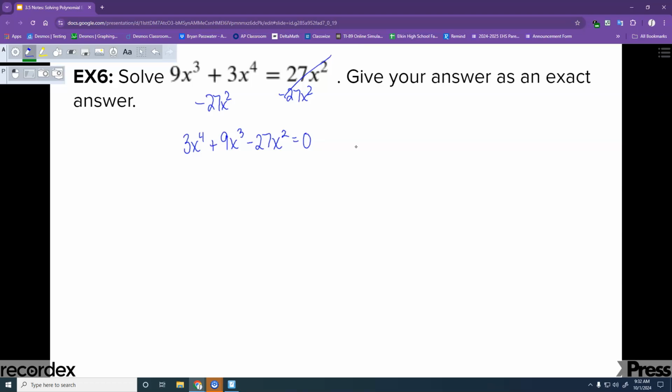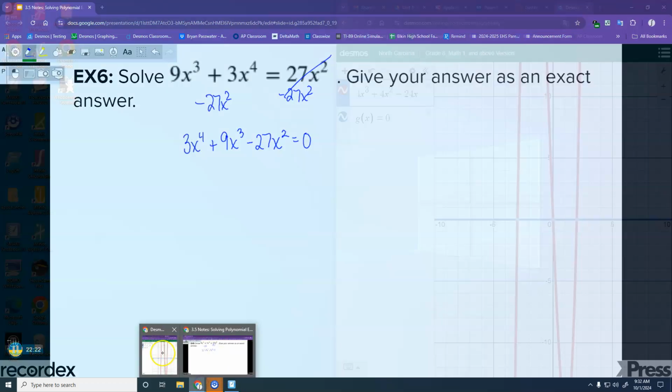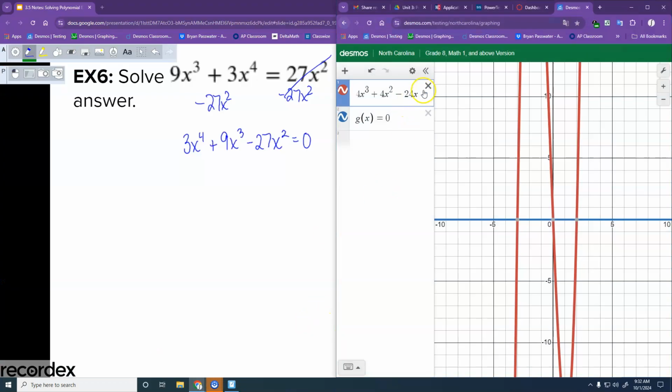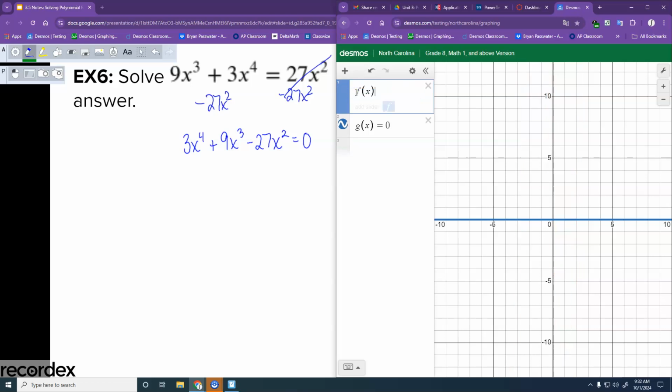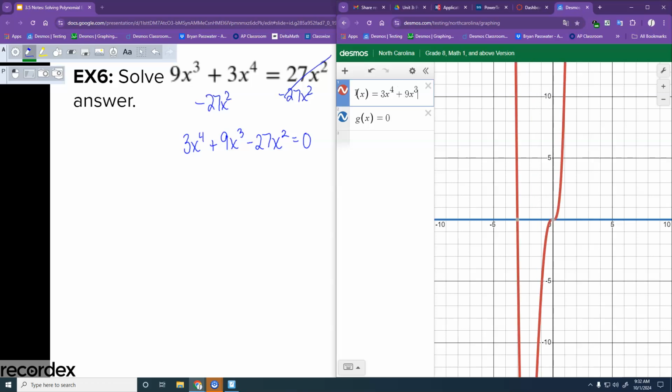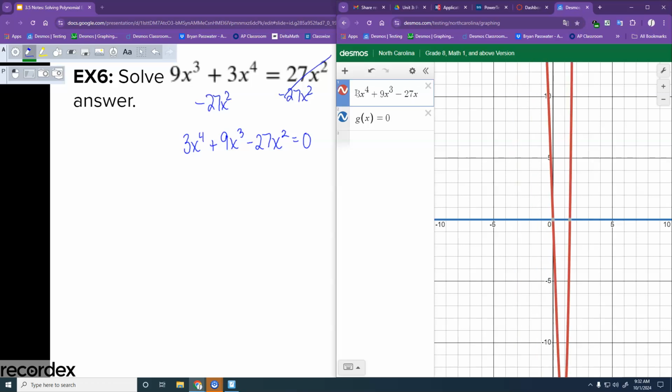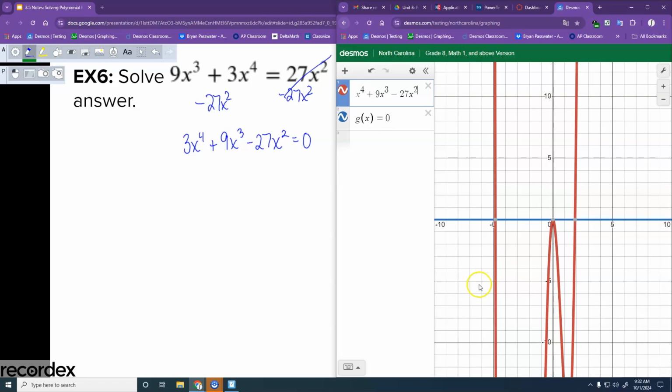Now, graphing is our easiest way to do this, so let's pull up the graph and just see what it looks like. We got 3x to the 4th plus 9x to the 3rd minus 27x to the 2nd. All right, so I'm getting negative 4.854, 0, and 1.854.